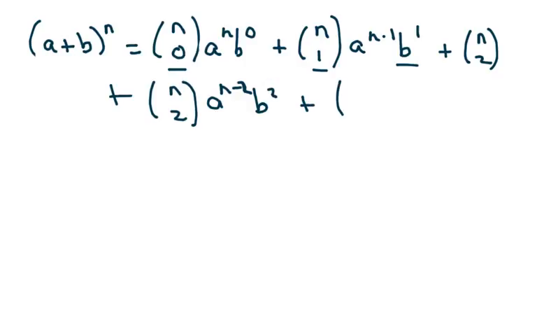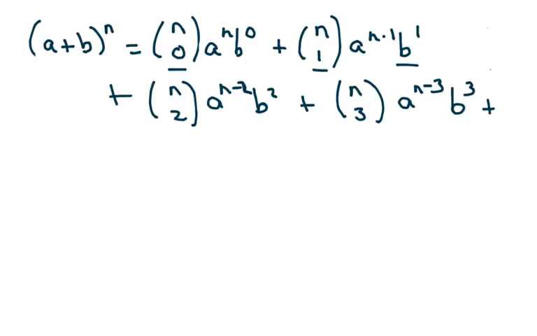Let me do another one, n choose 3, which would be a to the n minus 3, b to the 3, and so forth. And you're going to get all the way to dot, dot, dot.